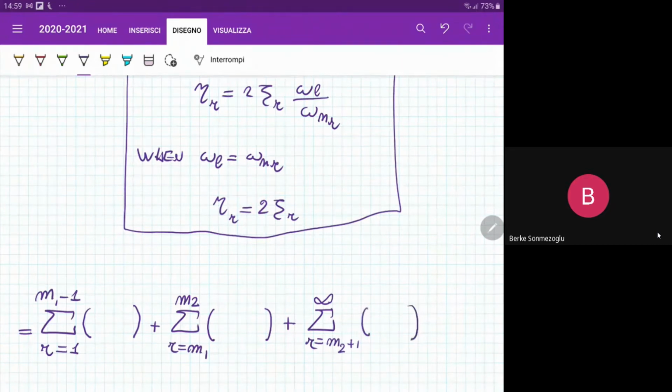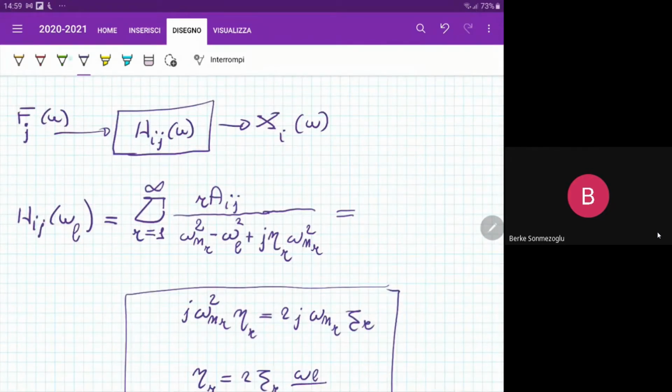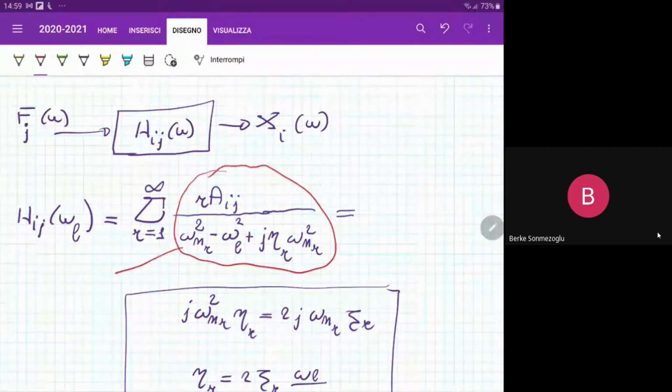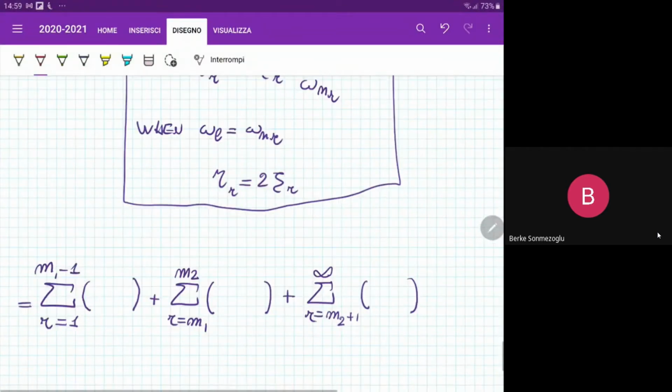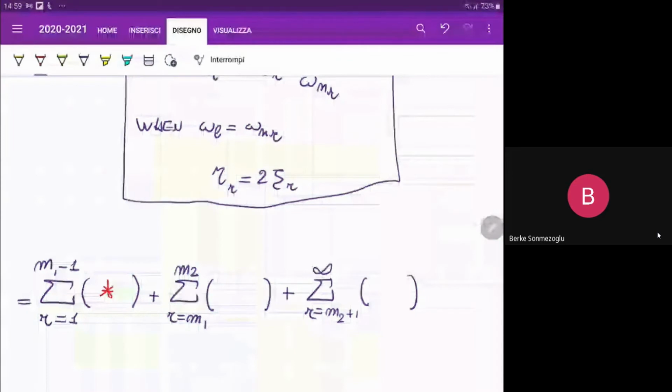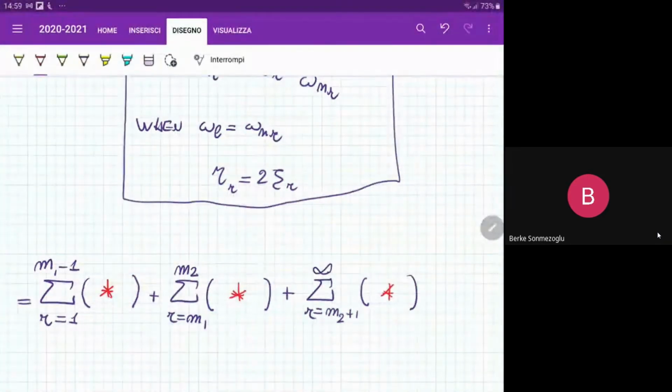Let me call this the quantity star, just to be short in writing.